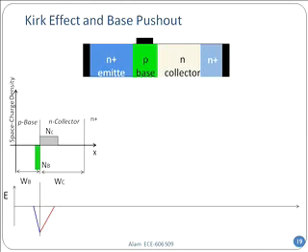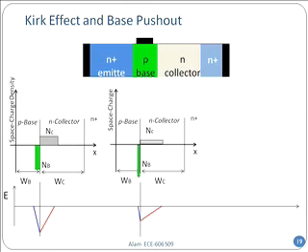So first of all, what's going to happen is at low bias, this is going to be your electric field and depletion. As you pump more current, you can see that your base emitter junction is shrinking and the collector junction is increasing, base junction is decreasing, and as you pump more current, the base emitter junction will disappear completely.